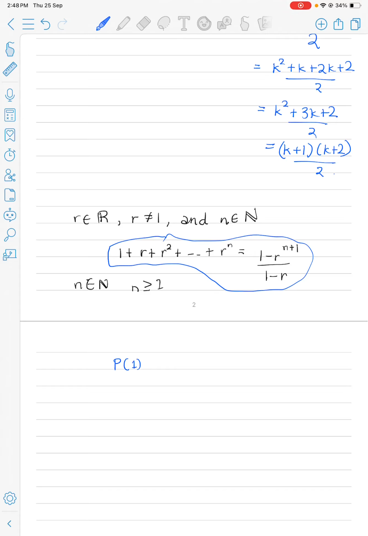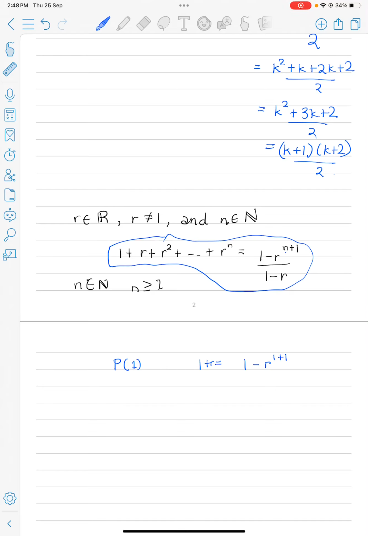Anyway, so what is P1? Is it true? 1 plus r is equal to 1 minus r square by 1 minus r. If you put n equal to 1, is it true? Yes, it is true. 1 plus r, you take here 1 minus r, this will be 1 minus r square, right?